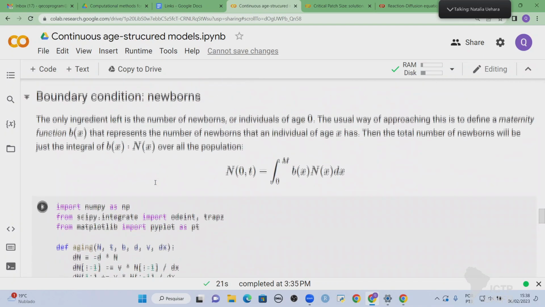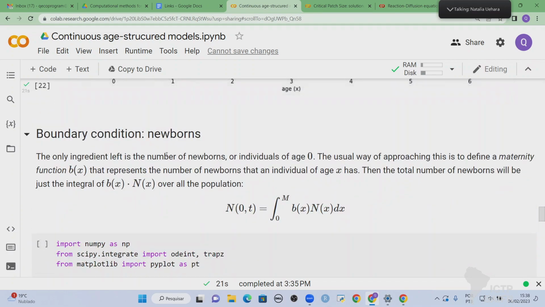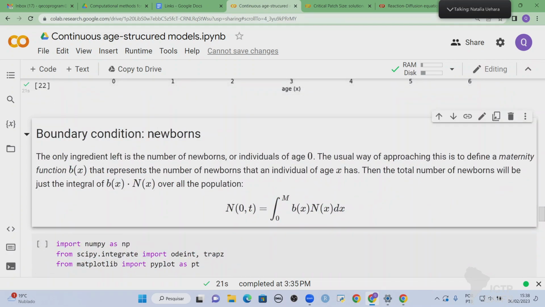At the end here, I thought a bit about what you do with the newborns. Then you have to introduce a boundary condition, that is, what happens at age 0. Age 0 are going to have to be the newborns. You have what is called a maternity function, that is the number of newborns of individuals with that age.